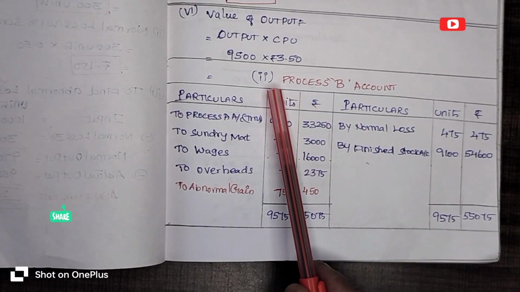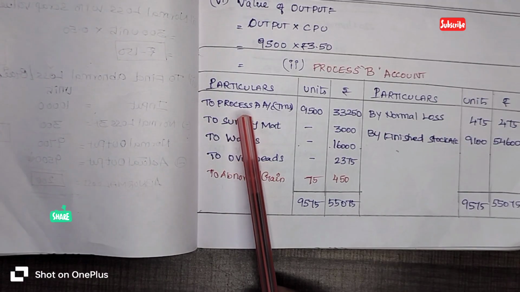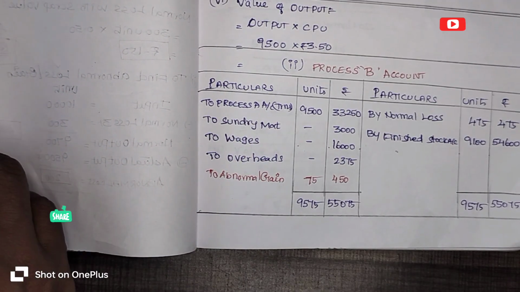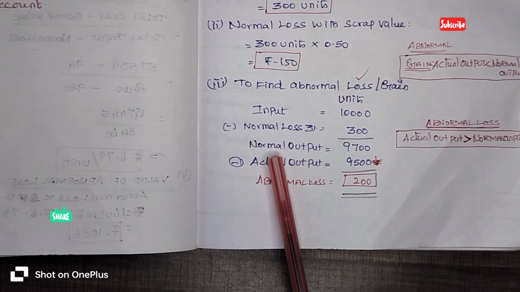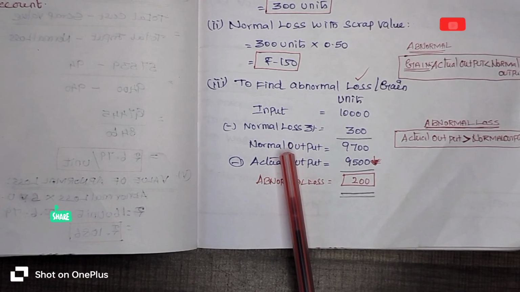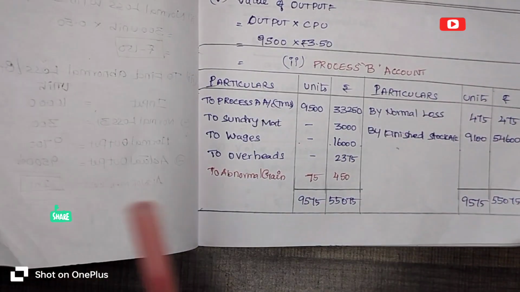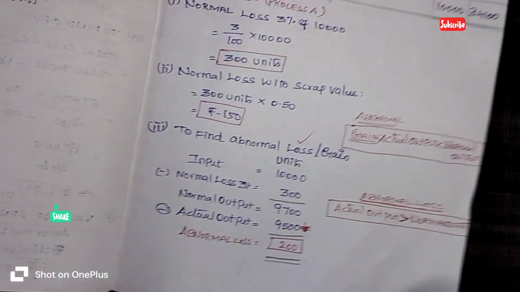Whenever you prepare the process B account, what do you start with first? Apart from process 1, they have given process 2, process C, or process A account, B account, C account. You take the input value for process B from the process A account, right?